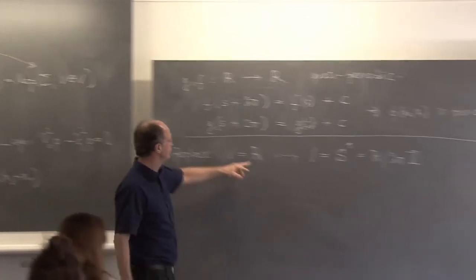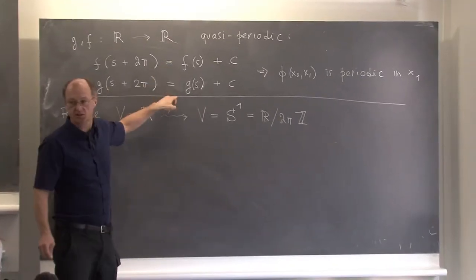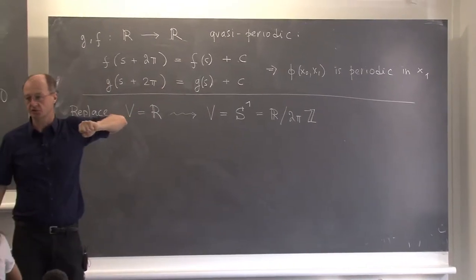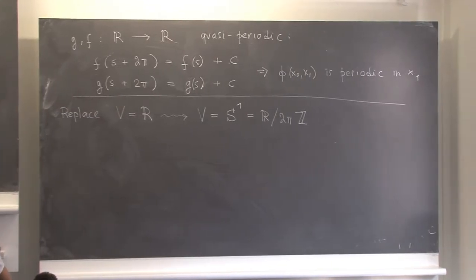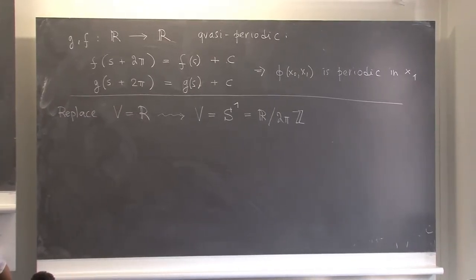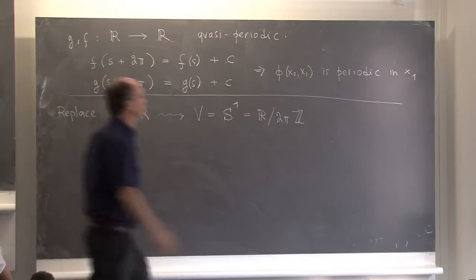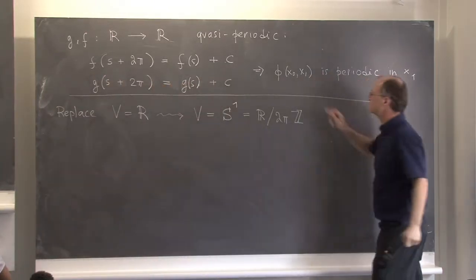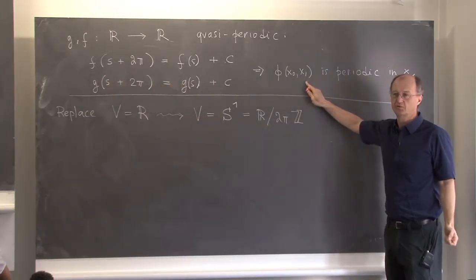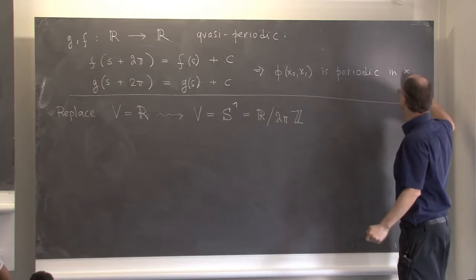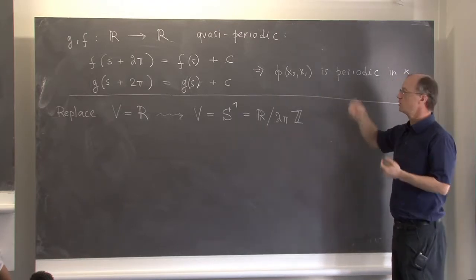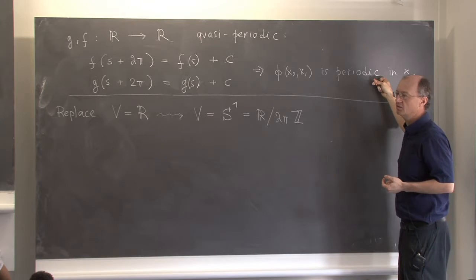The only thing which changes is the space of solutions. In principle now, we don't need phi to be periodic in x1. It can also be quasi-periodic. So when you go around, it can change by 2 pi n.